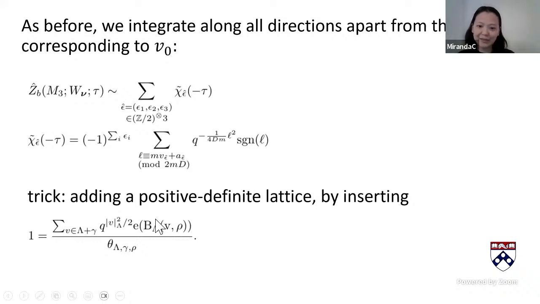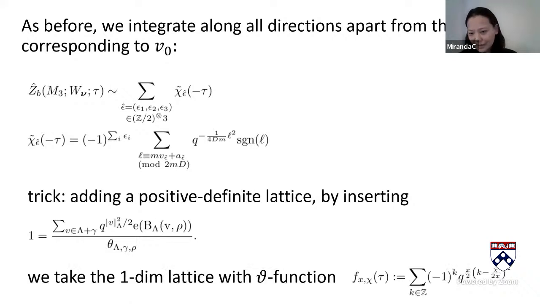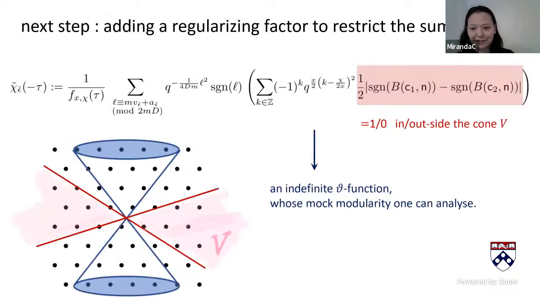But in any case, it's a theta function of a positive definite lattice. Let's take this lattice to be one-dimensional, just to see what happens. Then you get a theta function of a (1,1) lattice, still problematic.